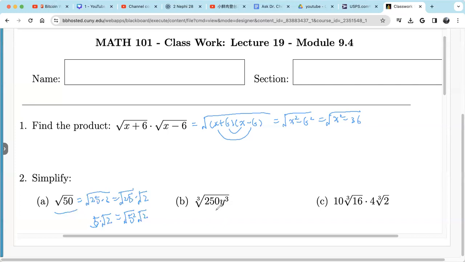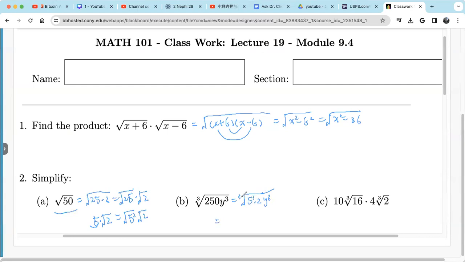B, 250 can be written as 125 times 2. Well, 125 is 5 cubed. So 250 is 125 times 2. And 125 is 5 raised to 3, then y raised to 3.